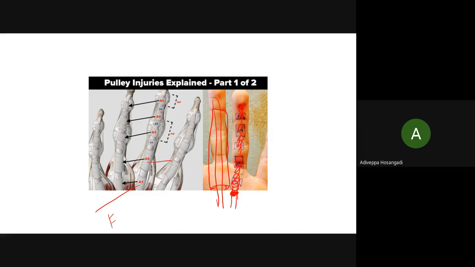It doesn't extend because this tendon doesn't glide easily. There is a swelling, there is a narrowing of this, and the tendon gets stuck. So the finger stays in flexion. Suddenly you have to use your other hand to make it straight, and you will hear a pop sound. It is like the trigger of a rifle. You flex it, easily it comes. This goes out. There's swelling here because of the narrowing of this.